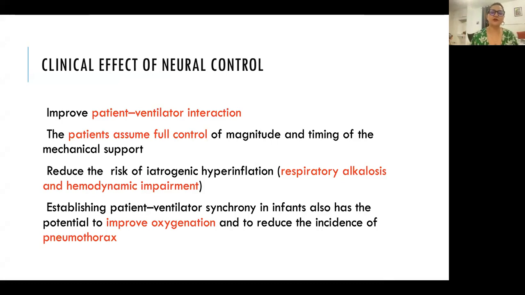It will also reduce the risk of iatrogenic hyperinflation, so it will reduce the chances of respiratory alkalosis and hemodynamic impairment because of hyperinflation, which we saw could happen in mechanical ventilation. And of course, it is going to produce more and more synchrony. The baby is going to be more comfortable, the oxygenation is going to improve, and the chances of pneumothorax are going to be much lesser.